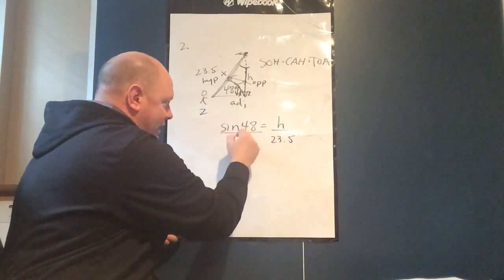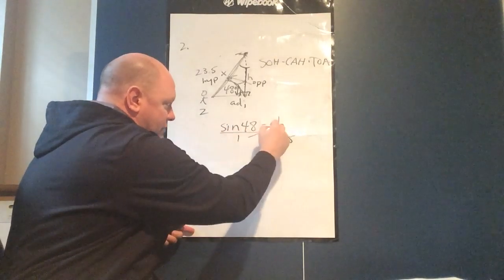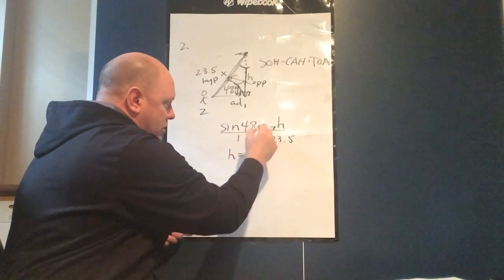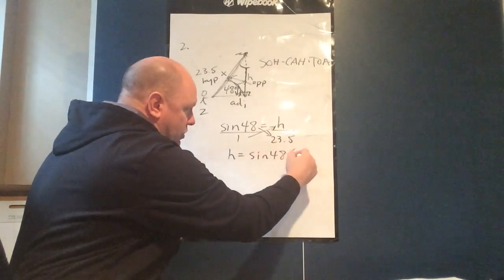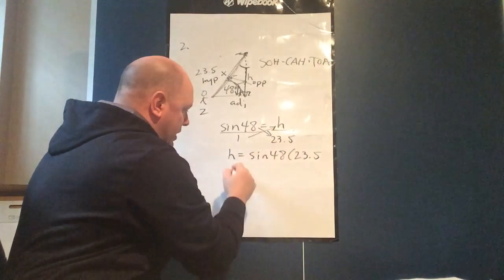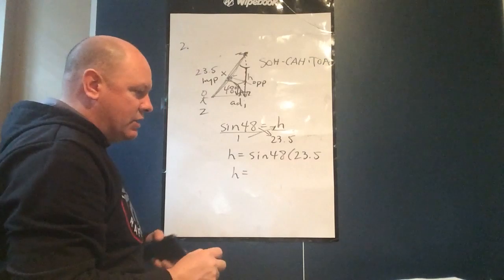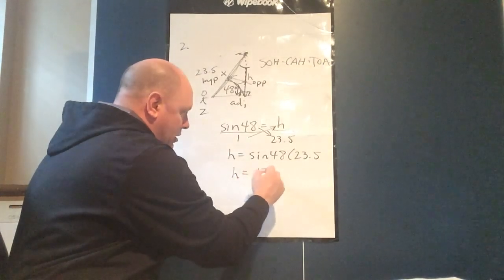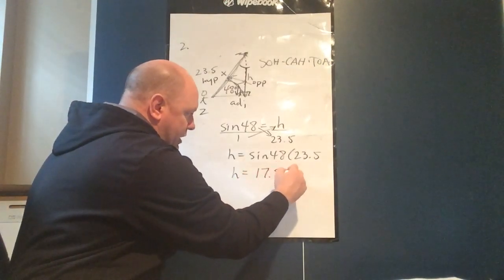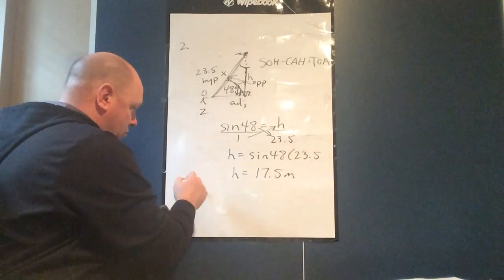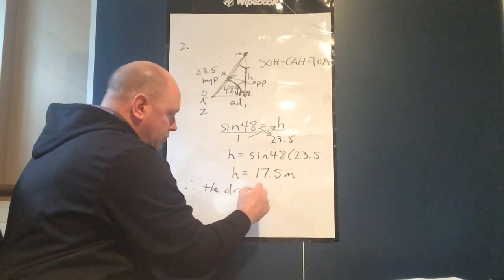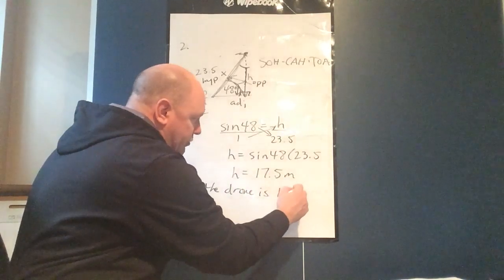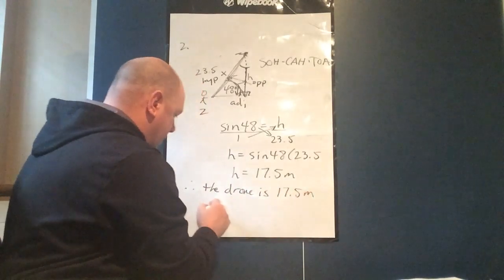Same idea, cross multiply: 1 times h is h, equals sine 48 times 23.5. And my height here is going to be 17.5 meters. So therefore, the drone is 17.5 meters in height.